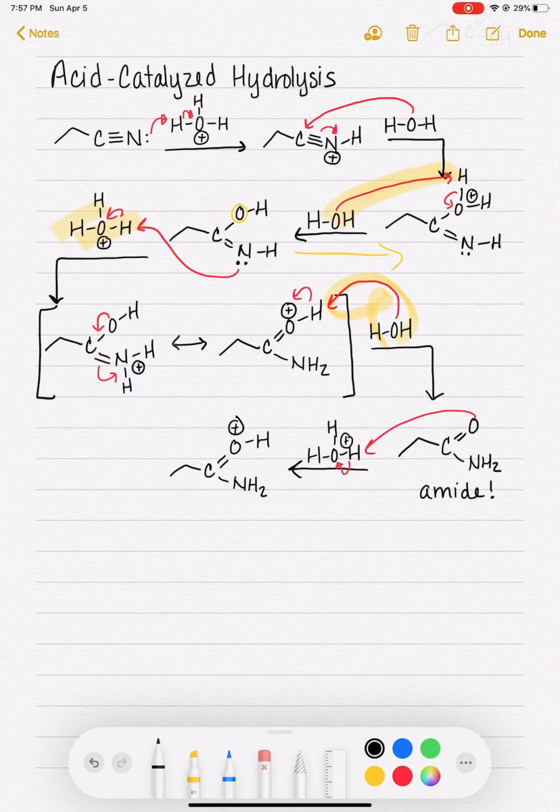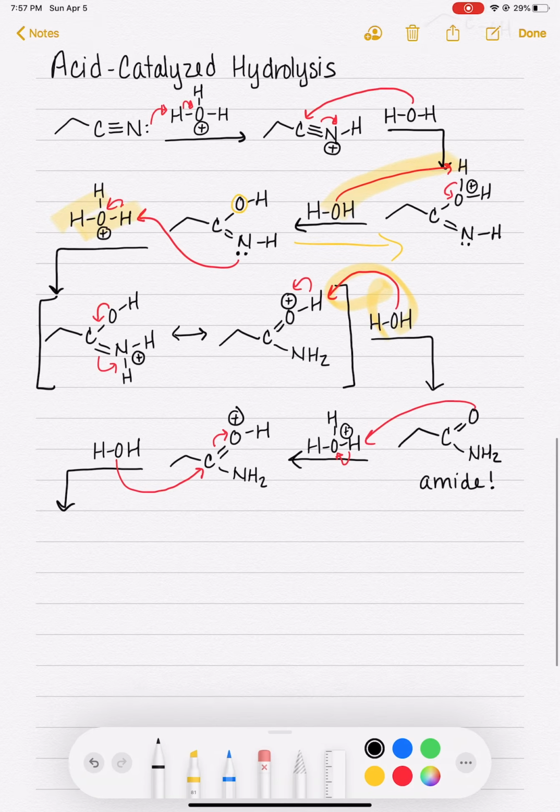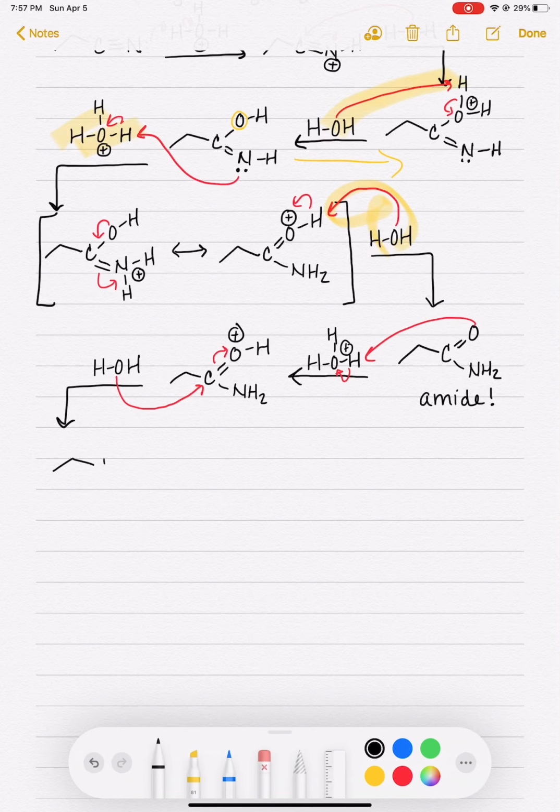So once we get that amide protonated, the water molecule that we just made can attack the carbonyl carbon, open up the carbon-oxygen double bond. We've got a water molecule down here with a positive formal charge and an NH2. A lot of stuff going on there.